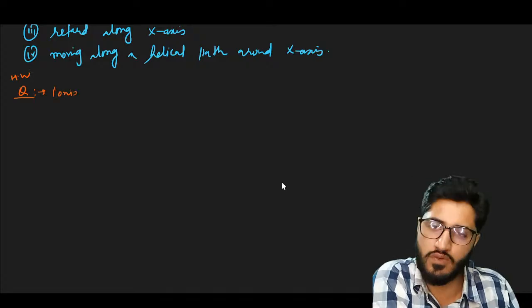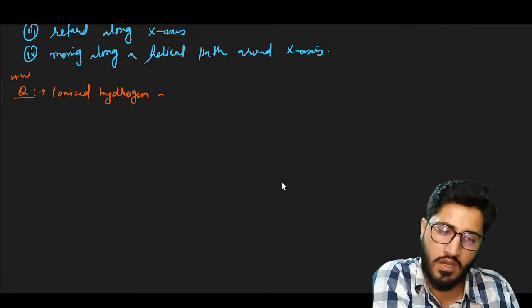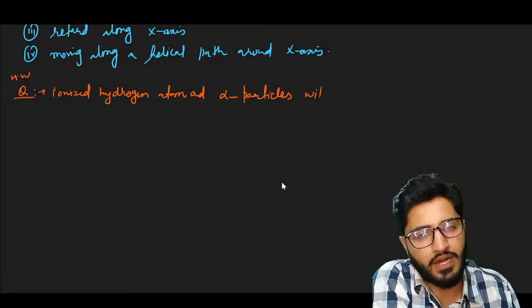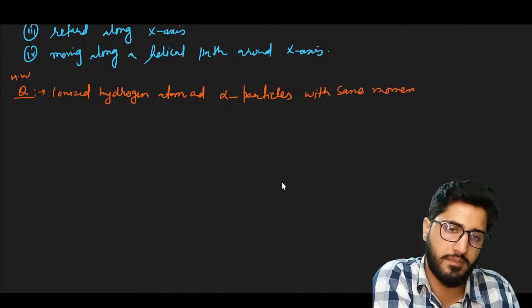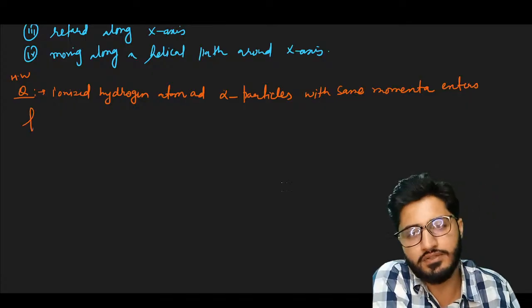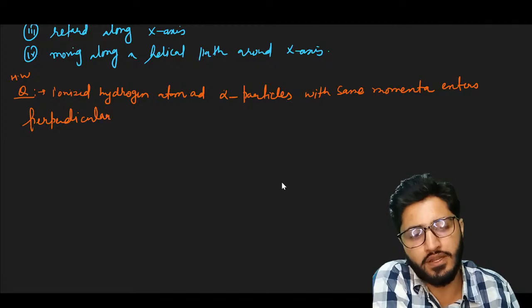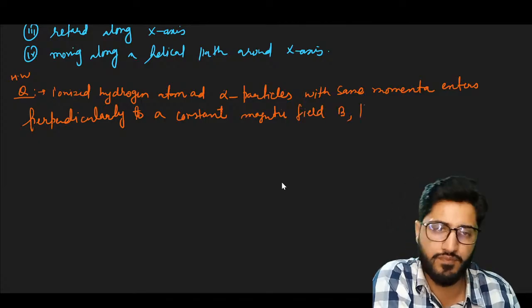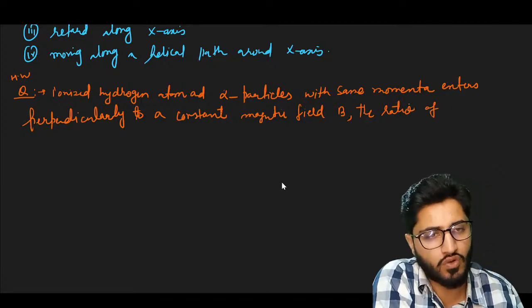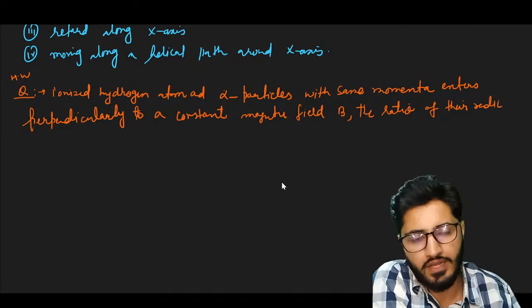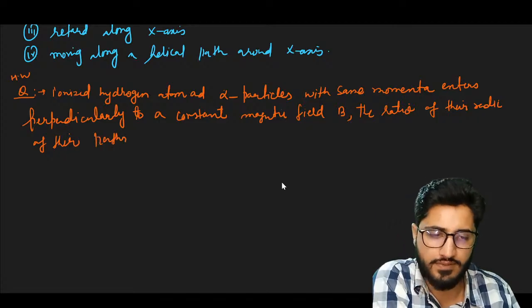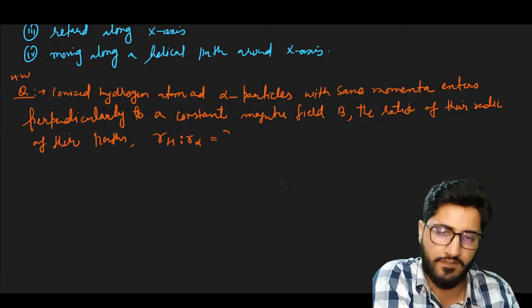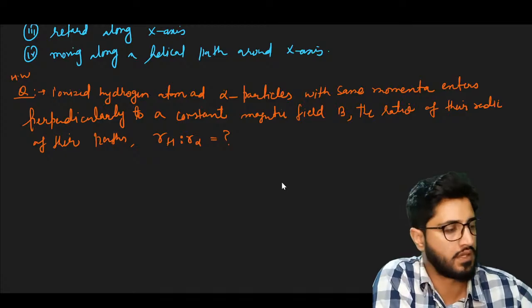Ionized hydrogen atom and alpha particles with the same momentum enter perpendicularly to a constant magnetic field B. The ratio of the radii of their paths, R H to R alpha, we need to find.